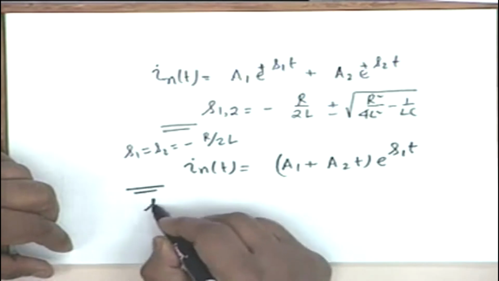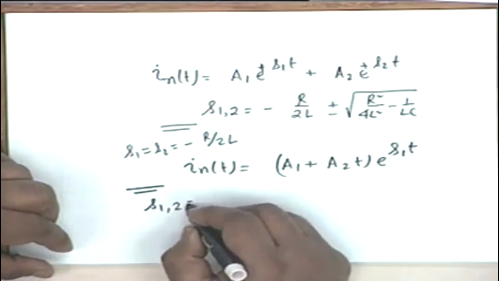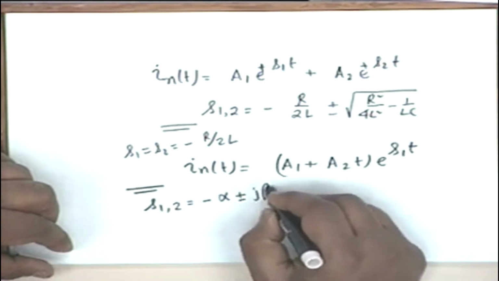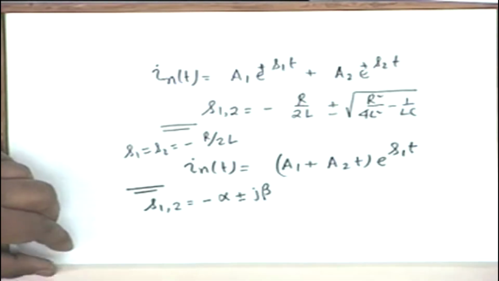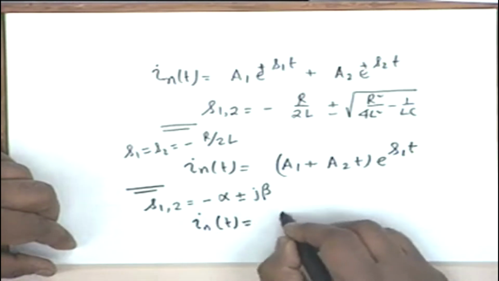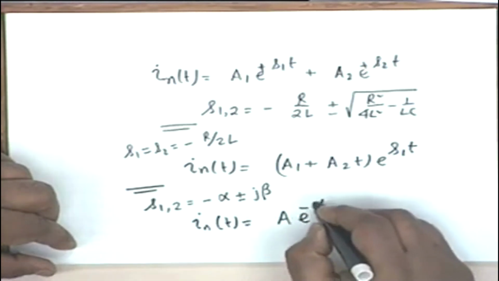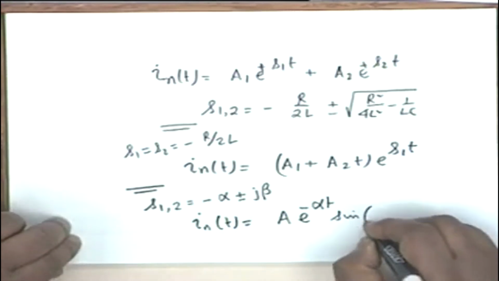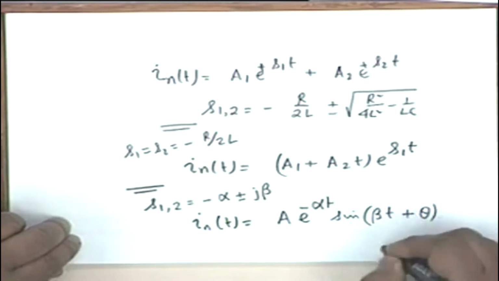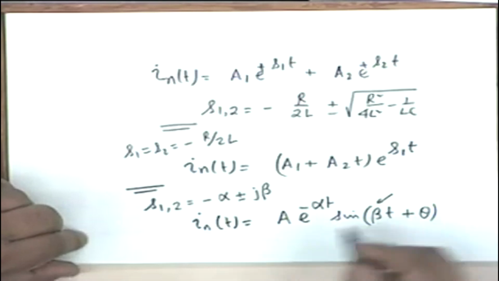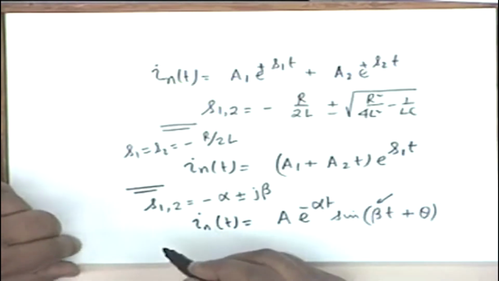Third case, if S1 and S2 are complex, S1,2 equal to, let us say, minus alpha plus or minus j beta, that is if the discriminant is negative, then my natural response would be of the form A e to the minus alpha t, a damping coefficient, multiplied by sine of beta t plus theta, where beta is called the damped frequency of oscillation, and alpha is called the damping coefficient.